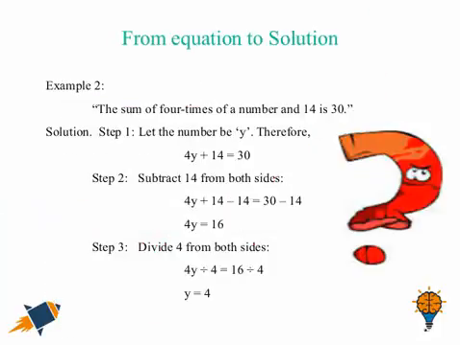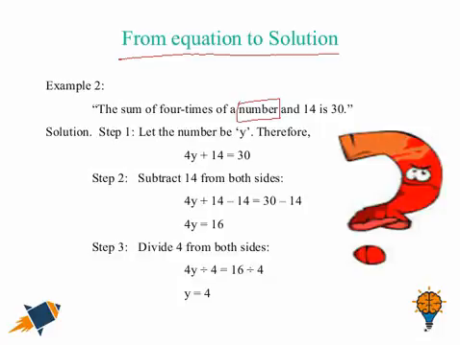So now we'll be following the regular path, which is from equation to solution. Let's try to understand it with another example as well. The sum of 4 times a number and 14 is 30. First of all, we need to write an equation for it. We need to look for the subject, which is a number, because we are talking about it. It is being said that the sum of 4 times a number and 14 is 30.